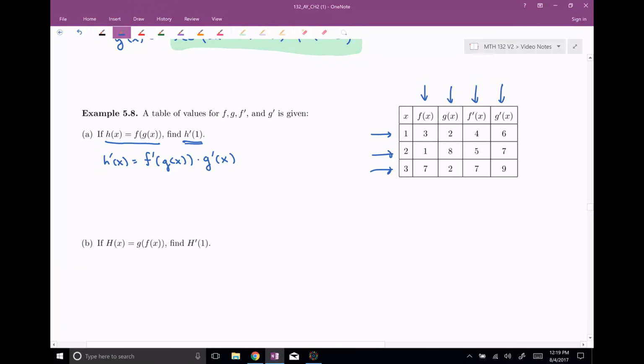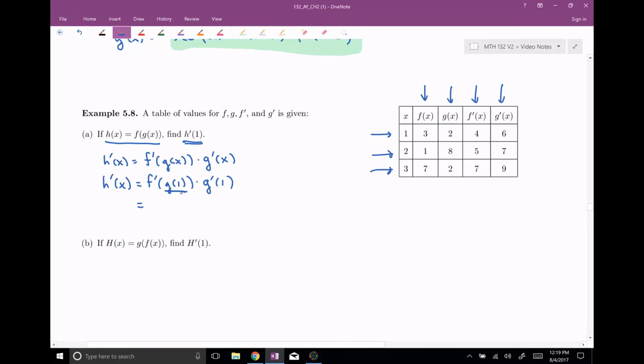Now I want h prime of 1, so everywhere I see an x, I'm going to plug in a 1. So I'm going to have f prime of g of 1 times g prime of 1. When you take derivatives, you work outside in: you take the derivative of the outside and leave the inside alone. But remember, when you evaluate compositions, you work inside out.